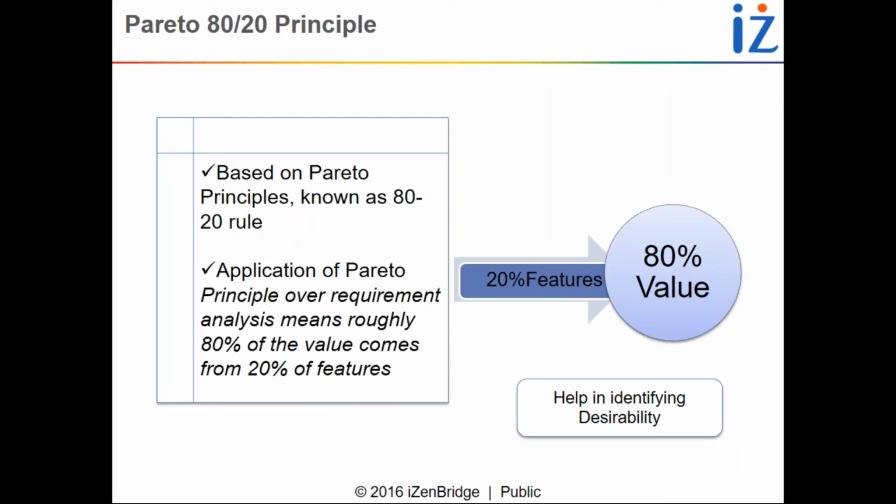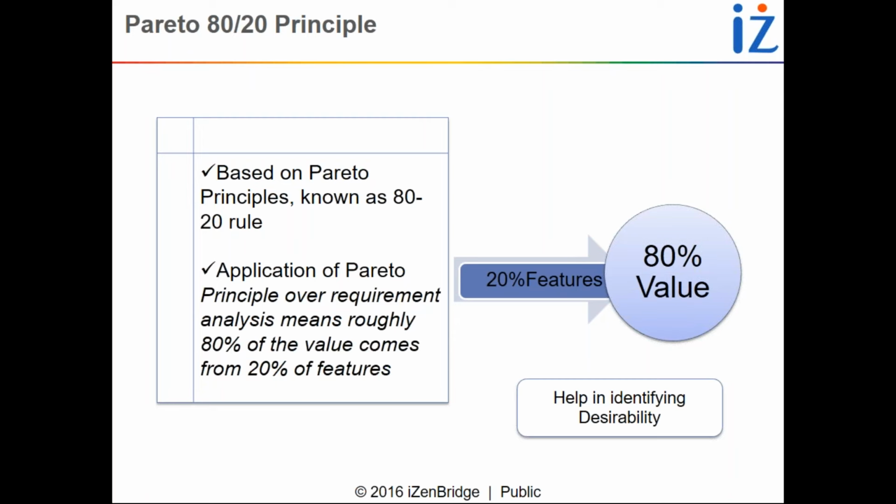The Pareto principle also gives you a basis for requirement prioritization. What the Pareto principle says is that 20% of features give 80% of value. This is a well-known principle, and we know that it works. So if you have 10 requirements, you may ask your stakeholders during a workshop, okay, these are the 10 requirements.